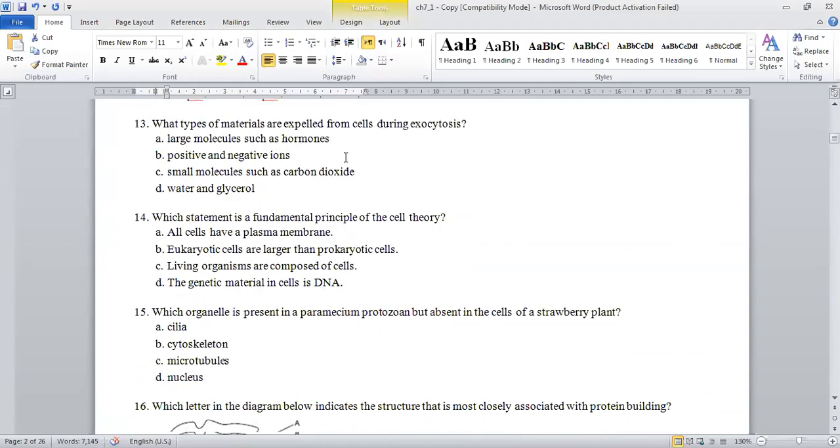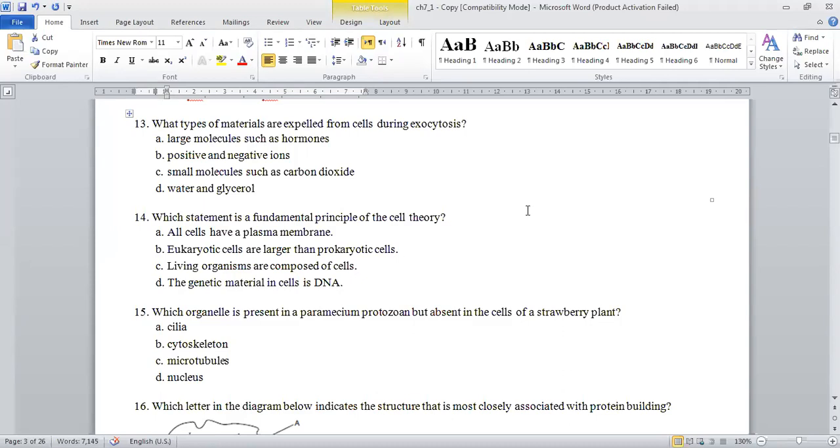Number 13. What types of materials are expelled from cells during exocytosis?